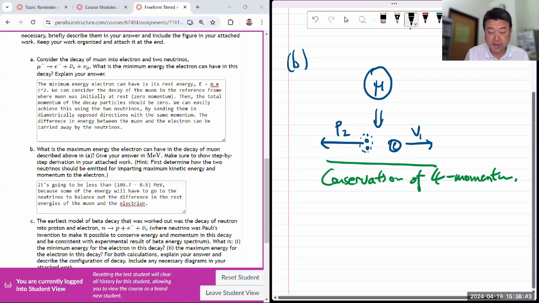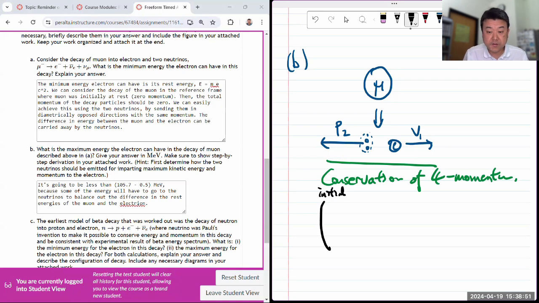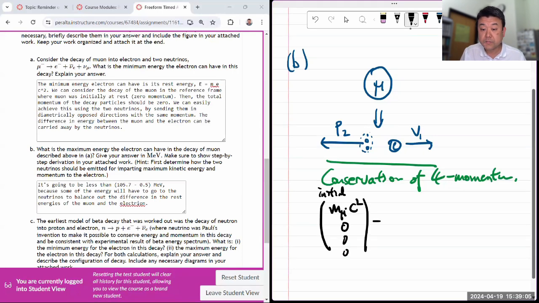On the left-hand side I have my initial state. The muon has some energy, m_mu c squared, and no momentum if we are analyzing in the rest frame of the muon. So (m_mu c squared, 0, 0, 0) is equal to the sum of these two four-momenta. One belongs to the electron it's decaying to. The energy term is gamma m_e c squared, and I'll label it gamma_e so I don't confuse them later.